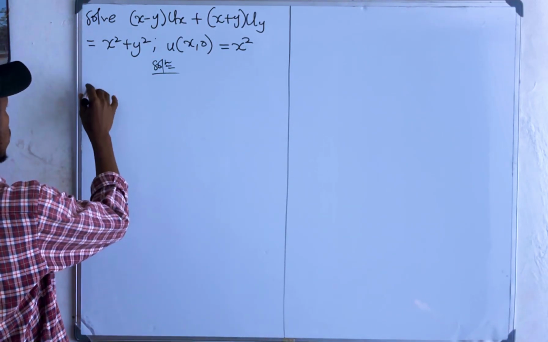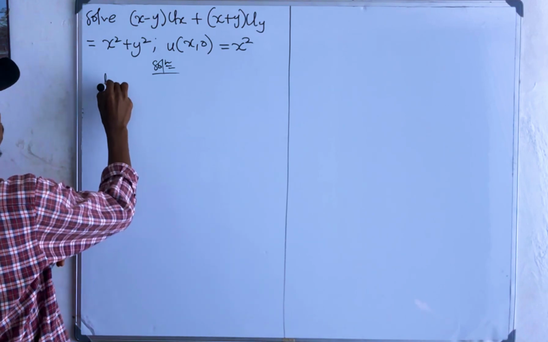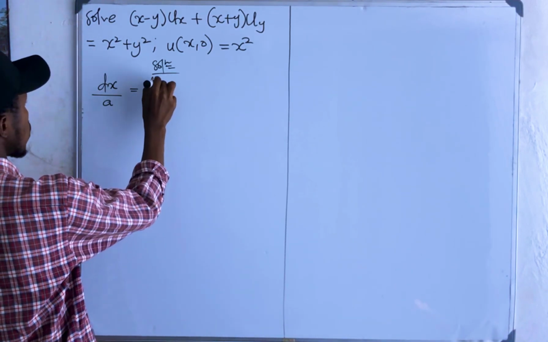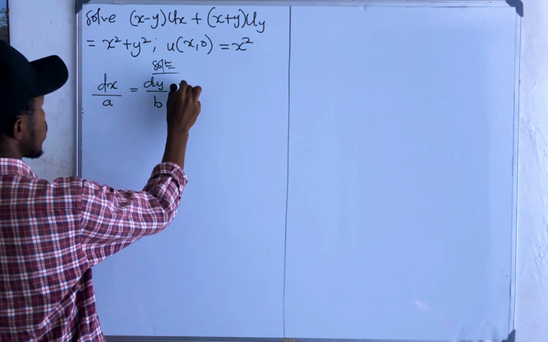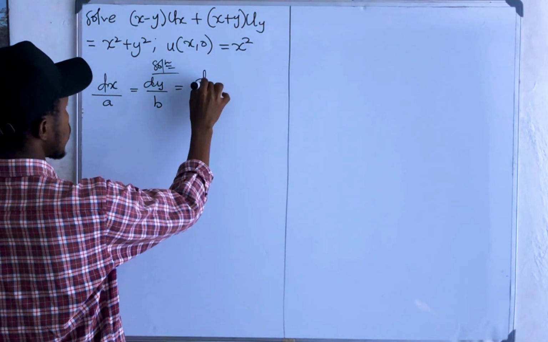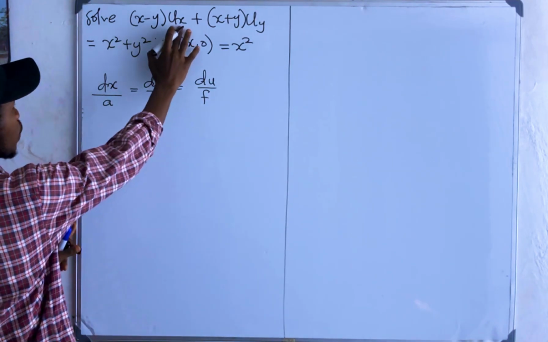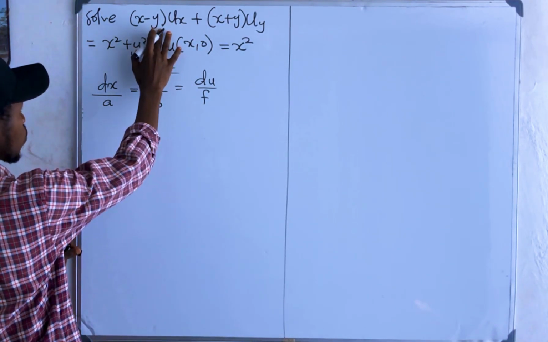So here, the method of characteristics is given as dx over a equals dy over b equals du over f. The a is the coefficient of ux, so x minus y is a.